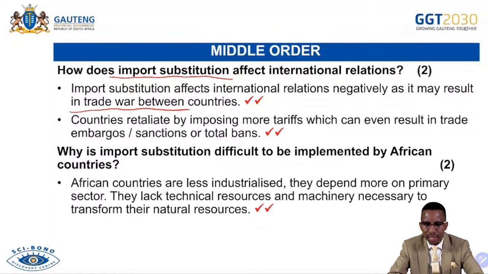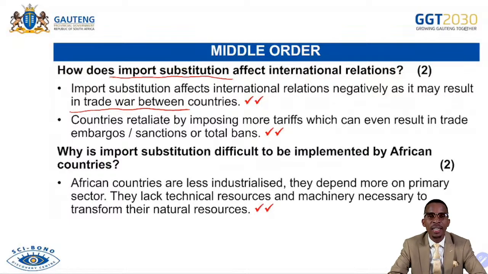African countries are less industrialized. They depend more on the primary sector. They lack the technical resources and machinery necessary to transform their natural resources. So if ever they impose an import substitution policy, that may lead to them being sanctioned, or their goods being banned, or them not being able to get some goods from these other countries, because they have decided to impose high tariffs on their imports as they come into South Africa.